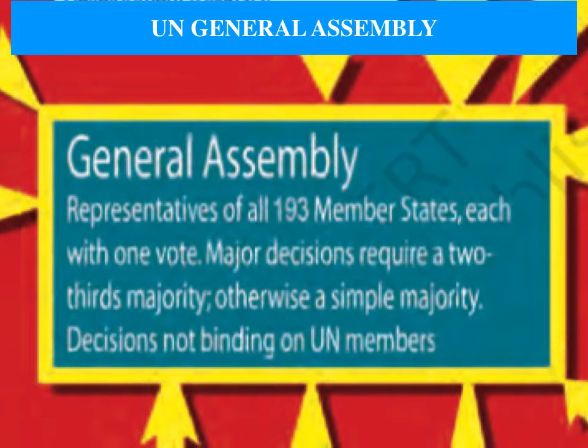Now, its annual session is held once annually in September, and the main functions of the General Assembly include electing the new non-permanent members of the Security Council, the members of the Economic and Social Council, the judges of the International Court of Justice, and the Secretary General.